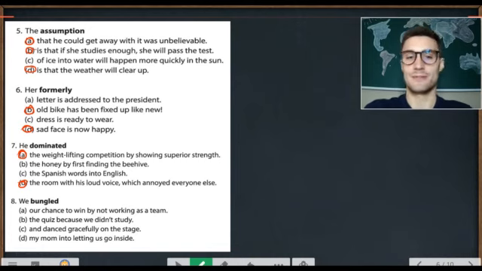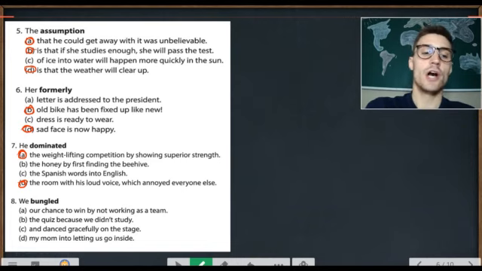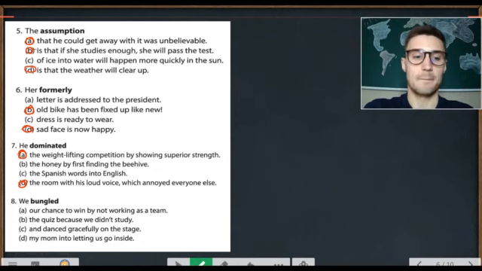And number 8. We bungled A. Our chance to win by not working as a team. B. The quiz because we didn't study. C. And danced gracefully on the stage. D. My mom into letting us go inside.